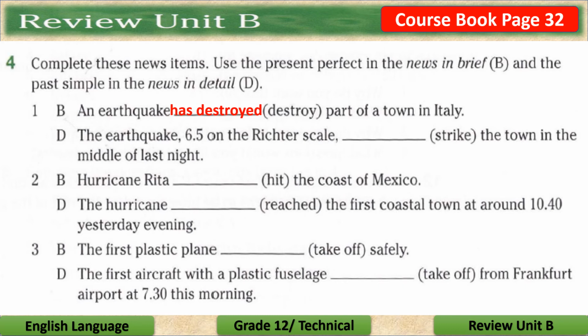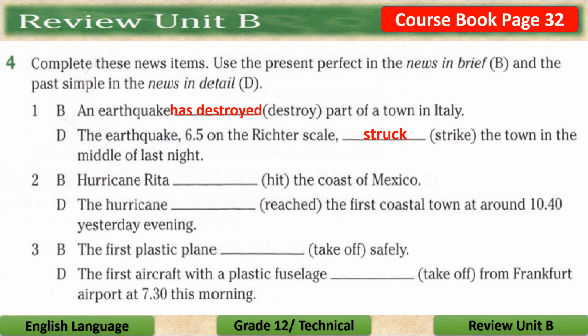D: the earthquake 6.5 on the Richter scale strike the town in the middle of last night. So here the sentence is in the past, so we have to change the verb strike into struck.